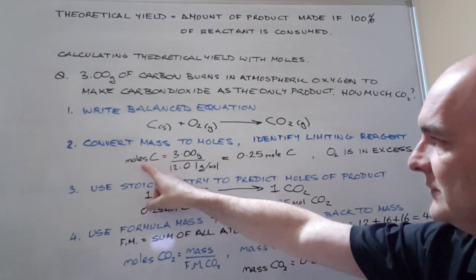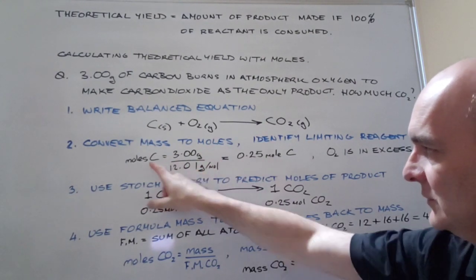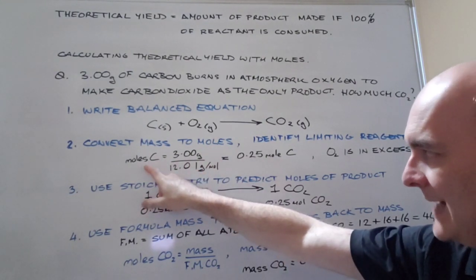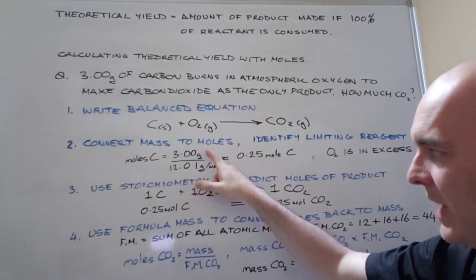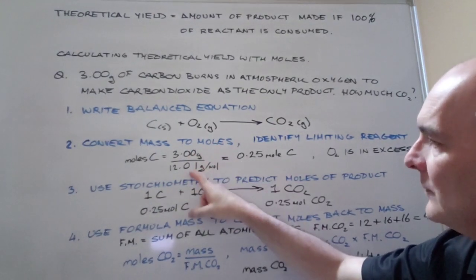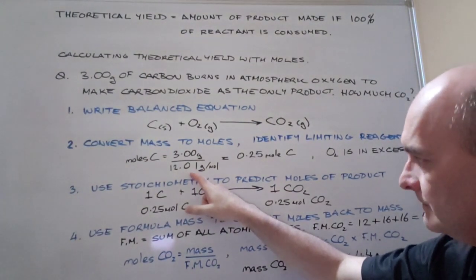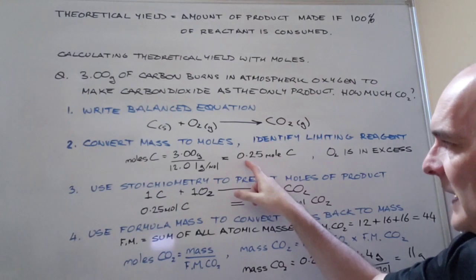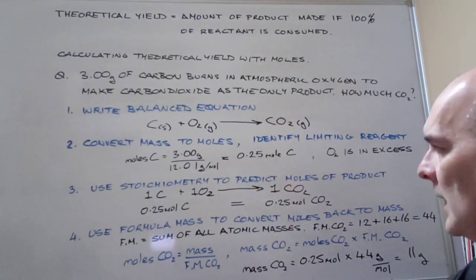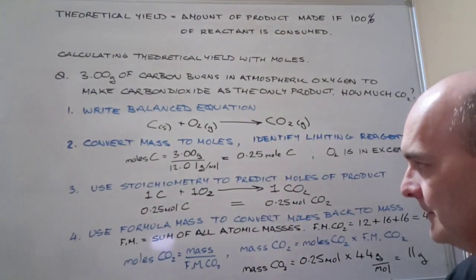So moles is equal to mass divided by atomic mass. So the moles of carbon reactant is the 3 grams in the question, and look, I have 3 significant figures, divided by the atomic mass that I find off the periodic table. And that gives me an answer of 0.25. A quarter of a mole of carbon is available to react.